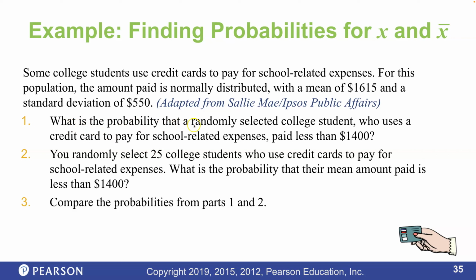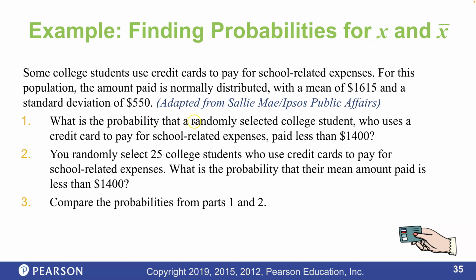All right, let's look at the first question. What is the probability that a randomly selected college student, so we're picking one person, okay? Think of this as having a sample size of 1. We don't really have to follow that formula because this is just like problems from our previous section, 5.3, just finding the probability.